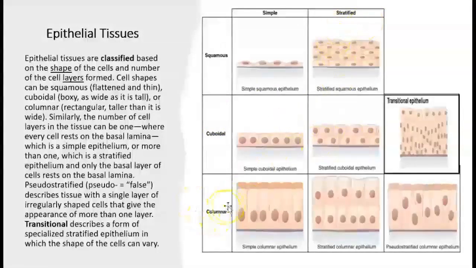Stratified columnar, the cells look like columns, and you have multiple layers. Another one is transitional epithelium. When your urinary bladder is empty, these cells are going to look like cubes. But when your urinary bladder is full with urine, these cells will have to expand in order to accommodate the amount of urine that is in your urinary bladder.